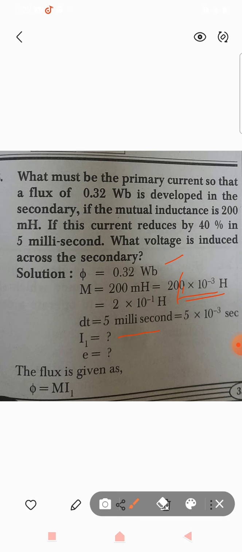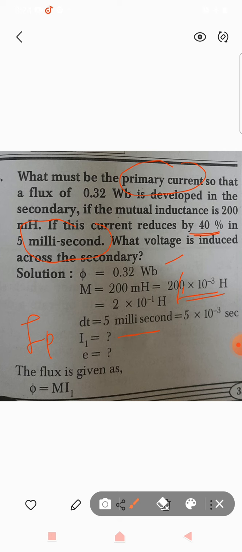Again, what do we have to calculate? What must be the primary current? So primary current means I1 we have to calculate, or you can write the symbol IP, primary current. If this primary current gets reduced by 40% in a duration of 5 milliseconds, what is the voltage induced across the secondary?